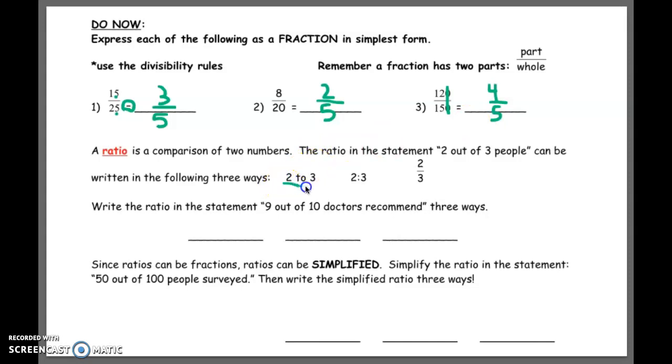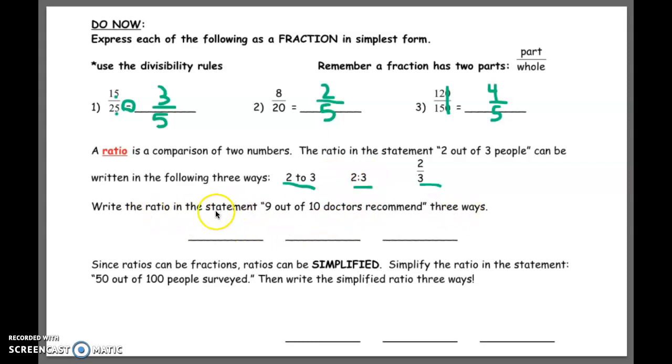Also remember there are 3 ways to write your ratios. You can write them with the word to, with the colon, or with a fraction. Remember, you read it as 9 out of 10, or 9 to 10. So like 2 to 3, not 2/3, right? Not 23. That is either 2 to 3 or 2 out of 3.